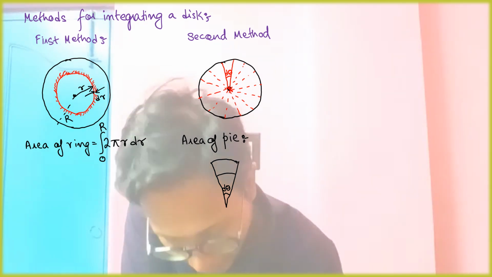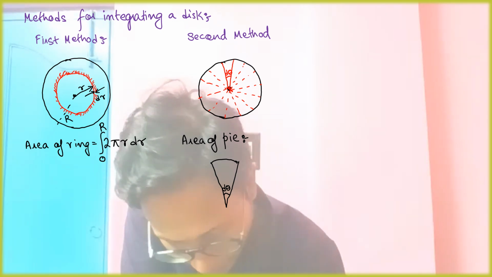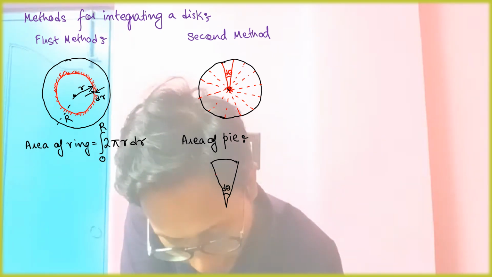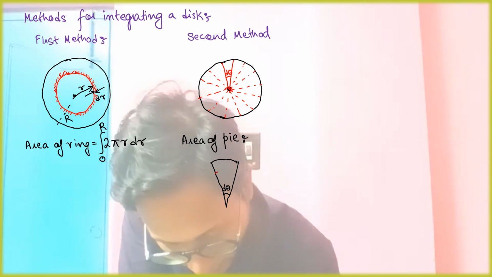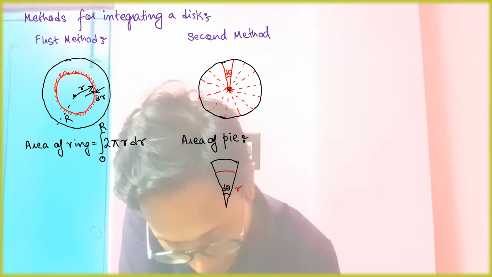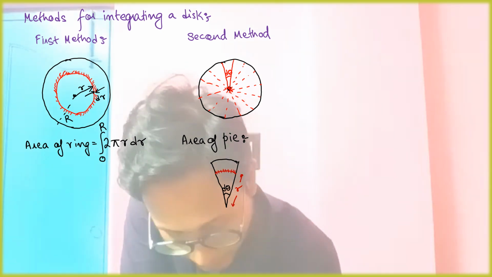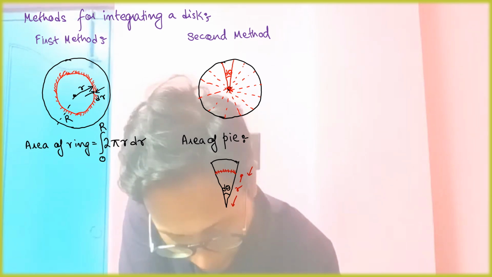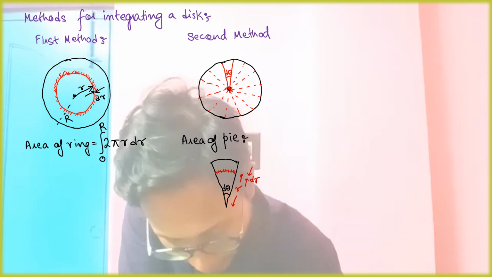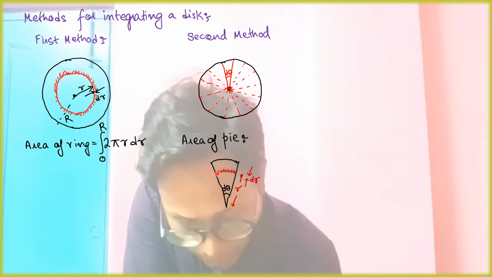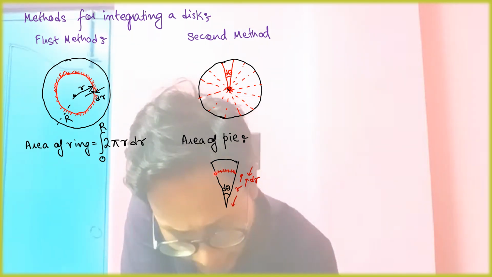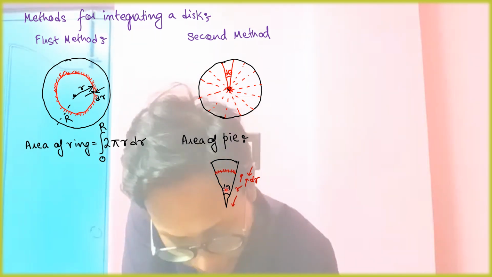Let's take an element of thickness dr at radius r. At radius r I'm taking a line of thickness dr. What is the length of this line? The length of this line is nothing but r into d theta.